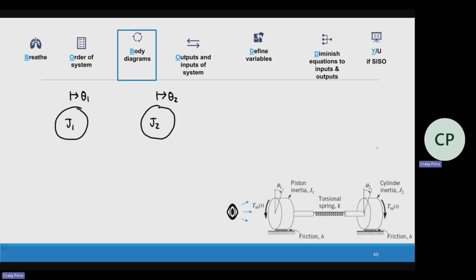Now we fill in the forces. Now, if you have a purely rotational system, you're like, man, I really like the translational systems. There's another way that you can draw it. So I'm going to give you a second option. You can draw it like this. J1, J2, theta 2, theta 1.